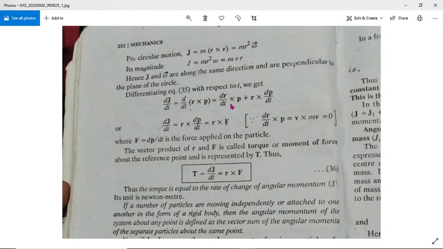Finally we have dJ by dt equal to R cross dp by dt. dp by dt is the rate of change of momentum, that is force, so dJ by dt is R cross F. R cross F is the torque, or moment of force. So torque T is equal to dJ by dt, equal to R cross F.